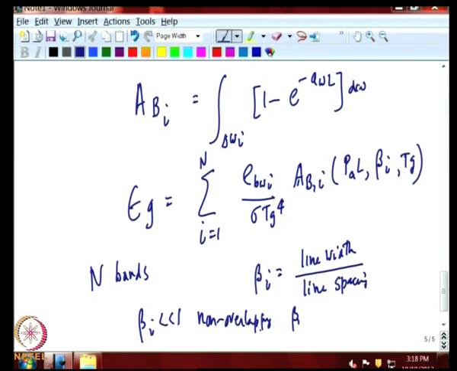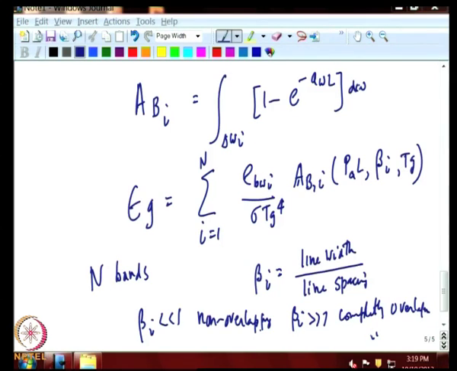While if beta_i is much greater than 1, then you have completely overlapping lines. And you can see that in this second limit, which you can expect will occur at high pressures, the detailed structure of the lines will be smeared out, and so the problem will get simpler.